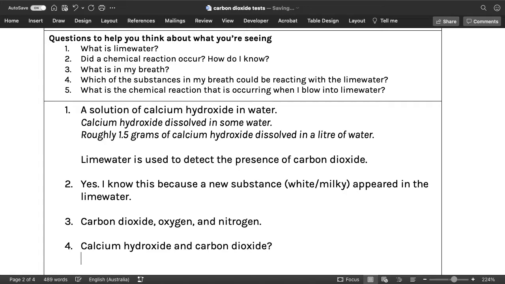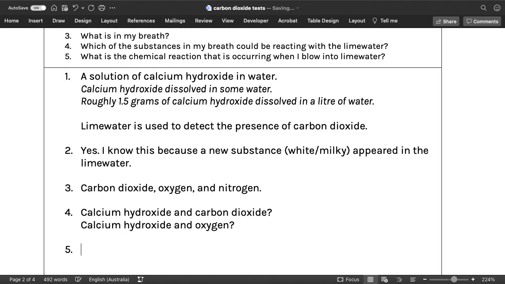Is it going to be calcium hydroxide and oxygen? Is it going to be calcium hydroxide and nitrogen? We already know what the answer is to that, but that's the process.